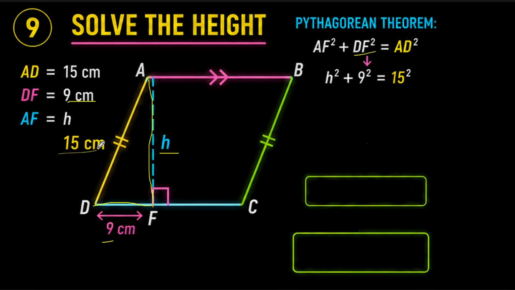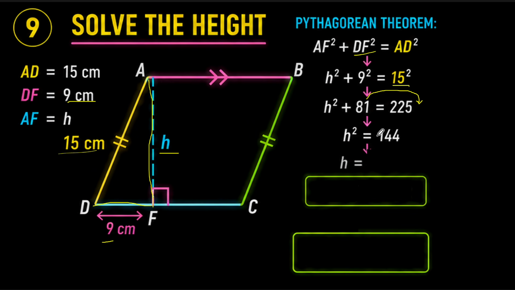So, what we're going to do next is to copy first the square of height plus 9 squared. 9 squared is 81, equals 225, the result of 15 squared. Then, for us to simplify that, we subtract both sides by 81, lipat mo sa 81 sa kabila. 225 minus 81, that's going to be 144.